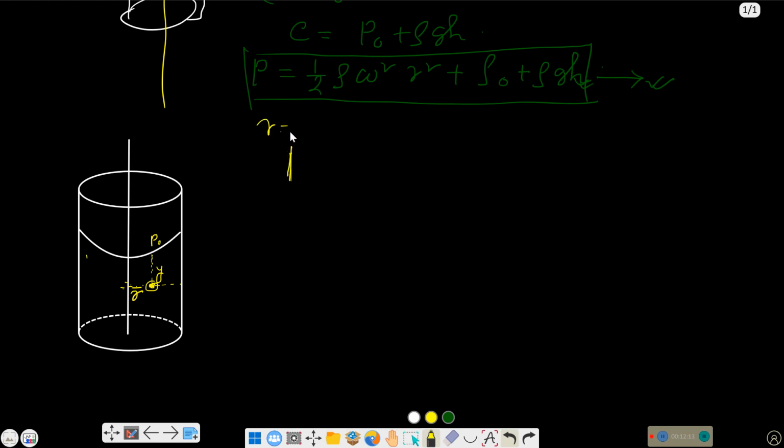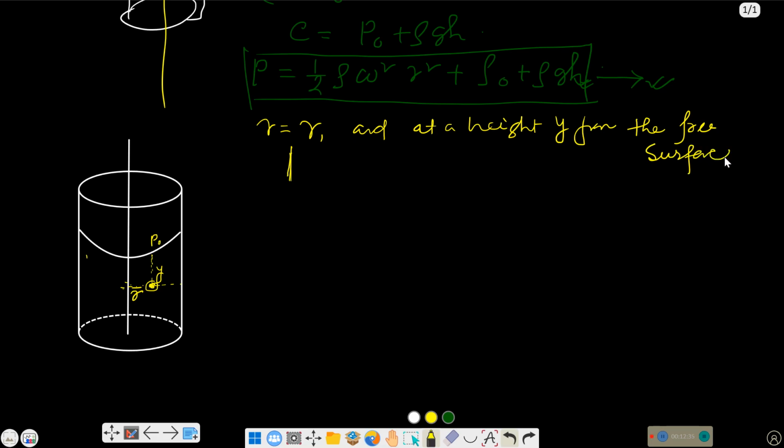That means r is equal to r, and at a height y from the free surface, the pressure at this point will be equal to how much?